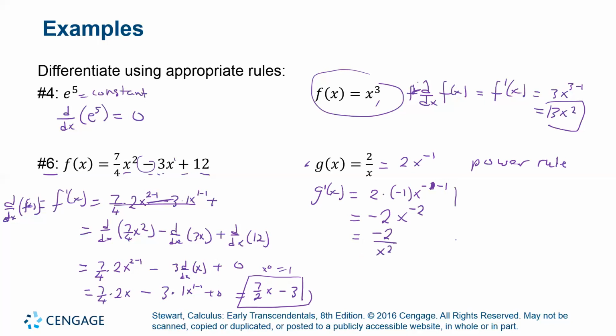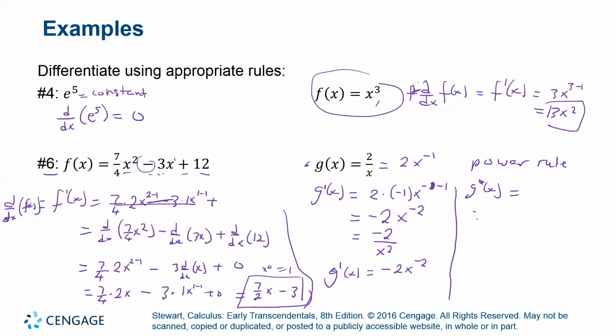Okay, now let me keep going and do the second derivative of g of x. My g prime of x is negative 2x to the negative 2.